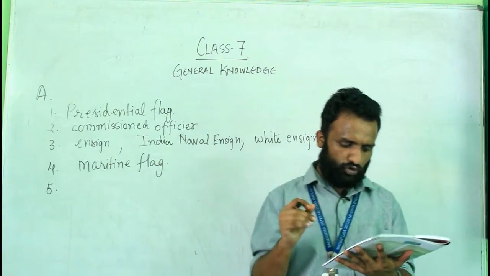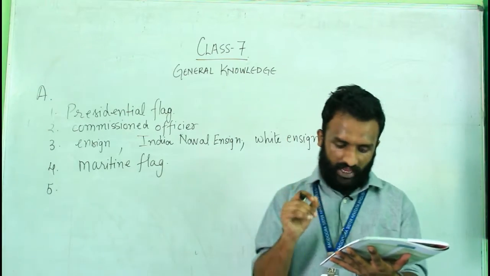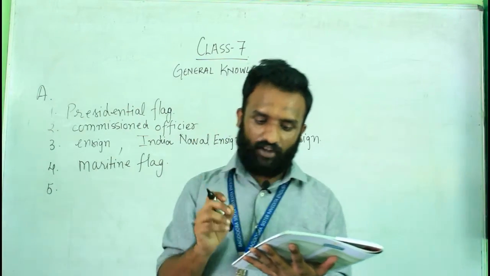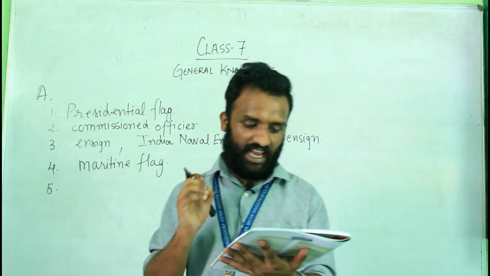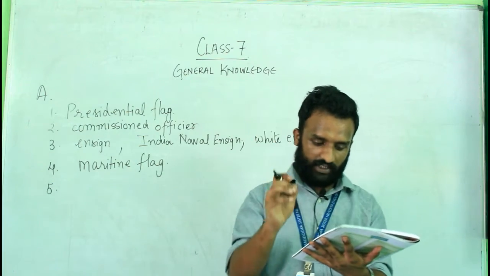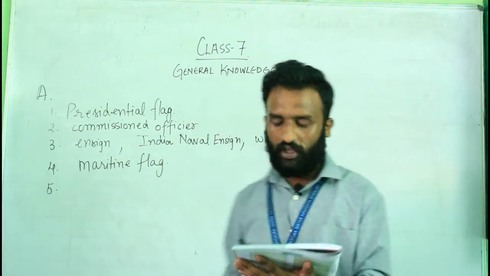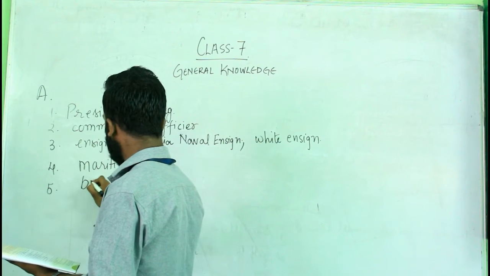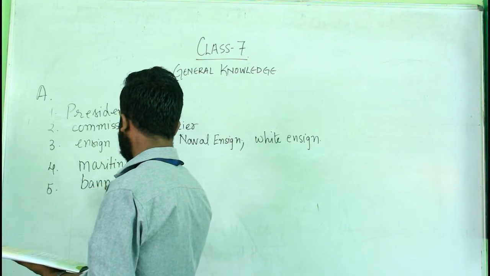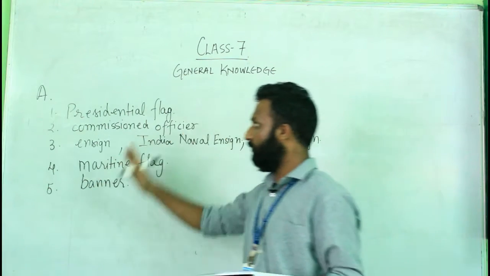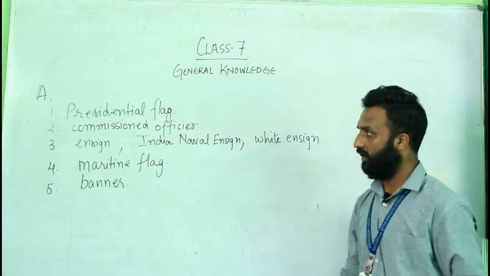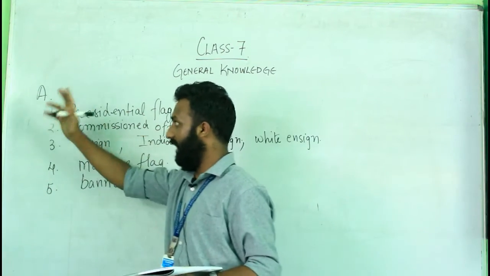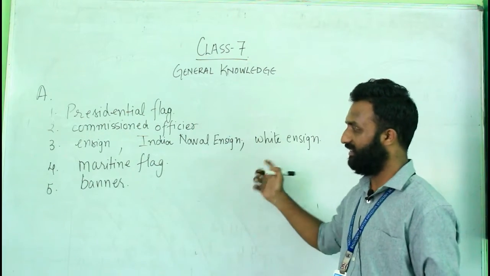A dash used to be rectangular. Today one can have a banner of any shape and it can be used by political parties, business houses, etc. So for number 5 the answer is banner. This is how we have the answers for question A. There are 5 questions, so the answers are these.